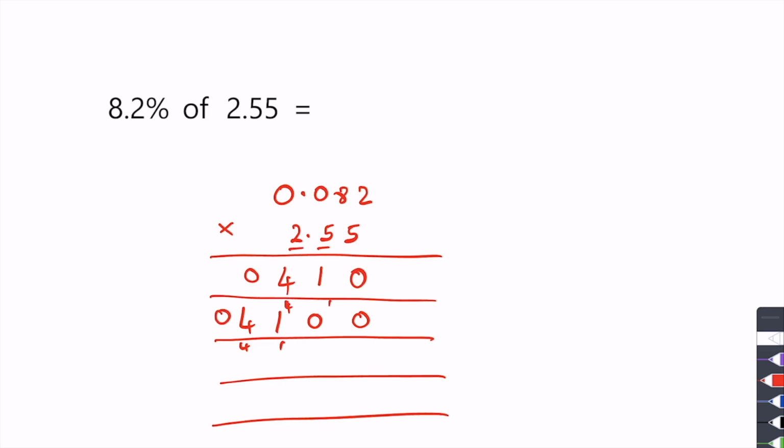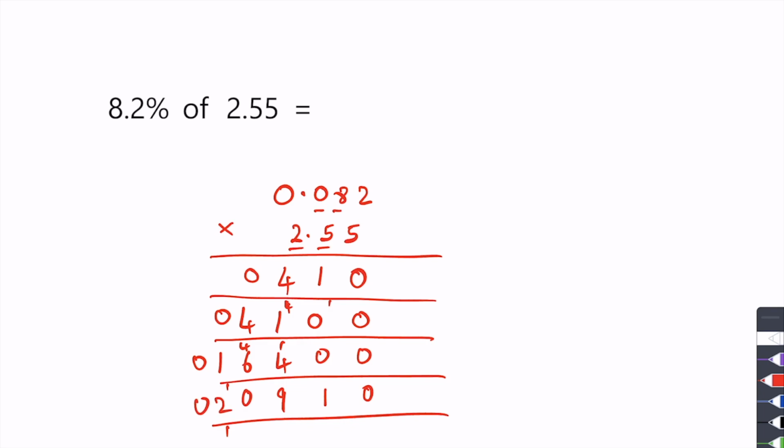New number, new line, start with 2 zeros, 2 2s are 4, 2 8s are 16, carry my 1, 2 zeros are 0, add my 1 here, and 2 zeros are 0. Add my columns gives me 0, 1, that's a 9 there, that gives me 10, 2 and a 0.